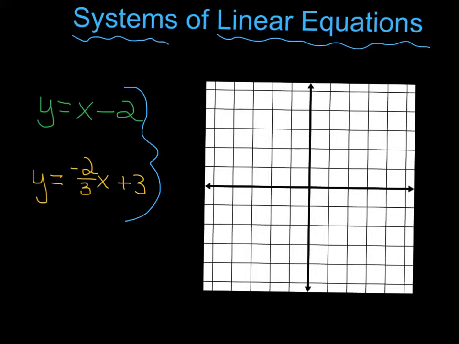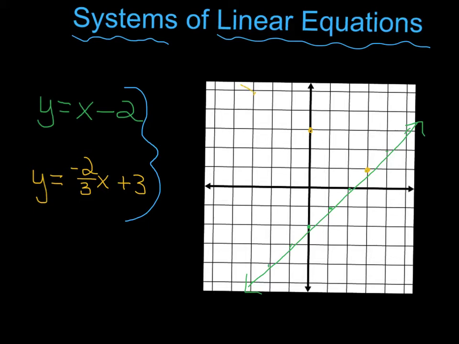So the idea of this is we have two different linear equations, and if we graph them, the green equation starts at -2, up 1 over 1. So if we were to graph that equation, and then if we graph the other one that starts up at 3, and then down 2 over 3, or up to left 3.